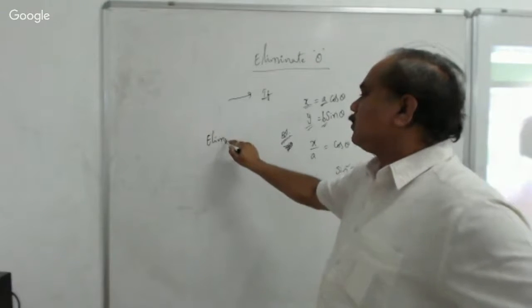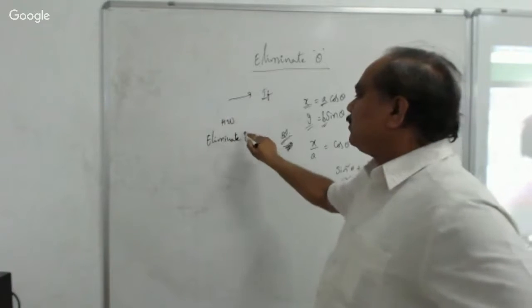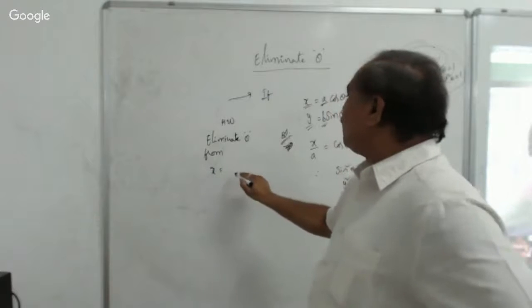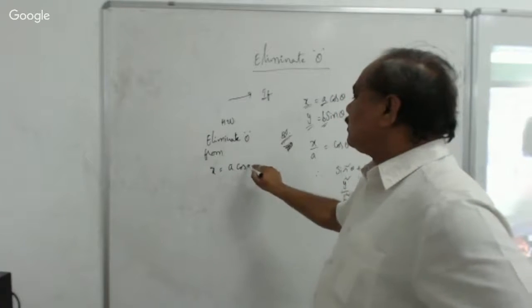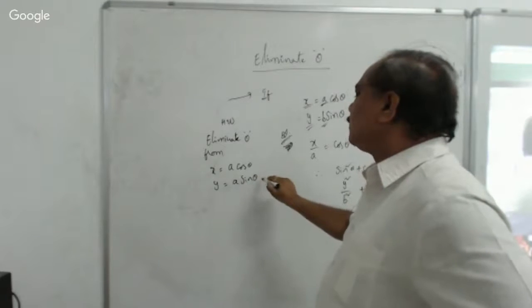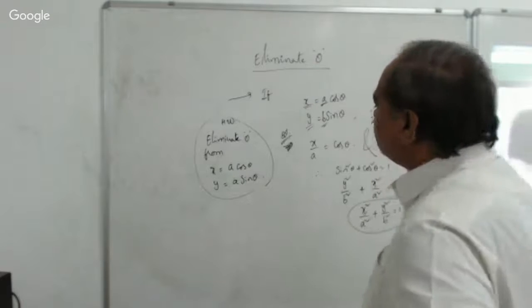Next question, next homework. Eliminate theta from x equal to a cos theta, y equal to a sin theta. Tell me this final result.